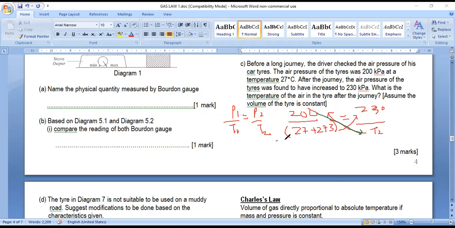So you get T2 as 345 Kelvin. Now, if you want to convert to Celsius, you have to minus 273. So it will be 72 degrees Celsius.